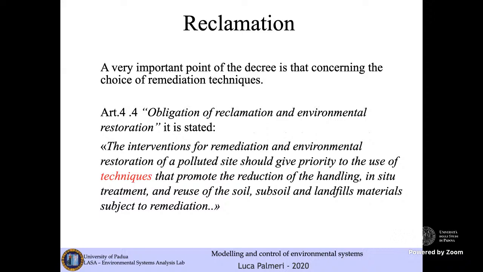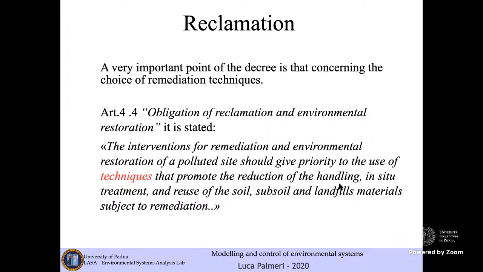Land reclamation is a very important point of this decree that concerns the choice of remediation techniques. In particular, Article 4.4 of the decree states that the intervention for remediation and environmental restoration of a polluted site should give priority to the use of techniques that promote the reduction of the handling, in situ treatment and reuse of the soil, subsoil, and landfill materials subject to remediation.